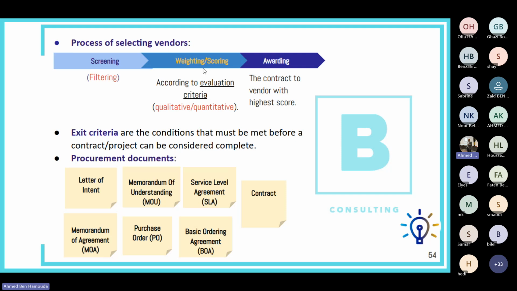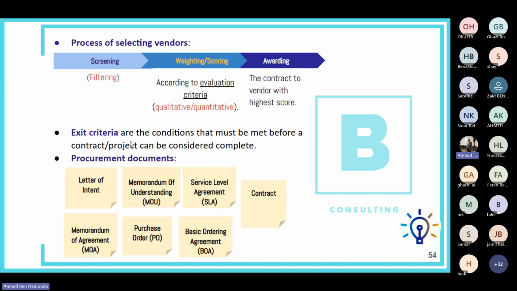Then, based on some weighting or scoring system according to an evaluation criteria, through some quantitative analysis, we will be ranking the potential sellers, and finally we will be awarding the contract to the vendor or the seller with the highest score. So this is the process of selecting vendors.